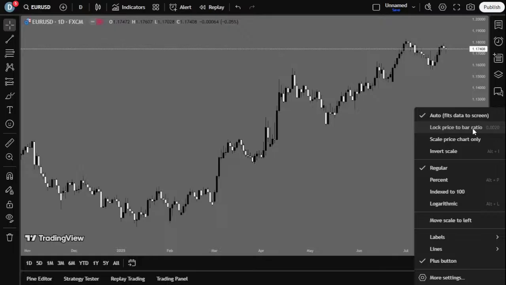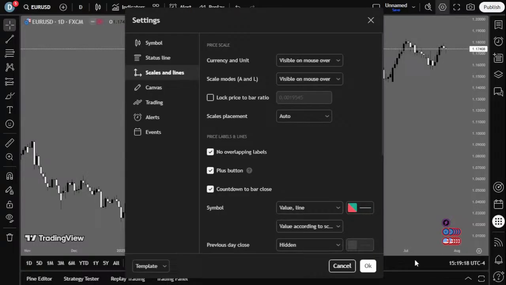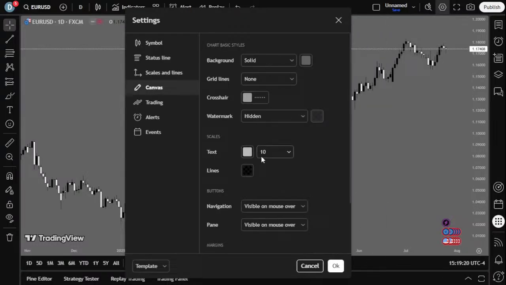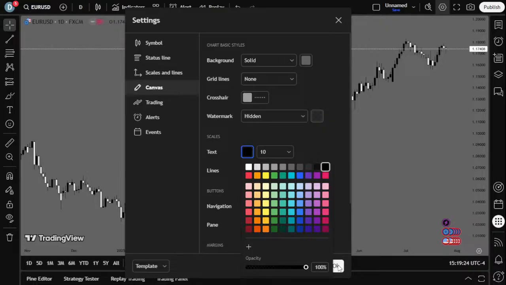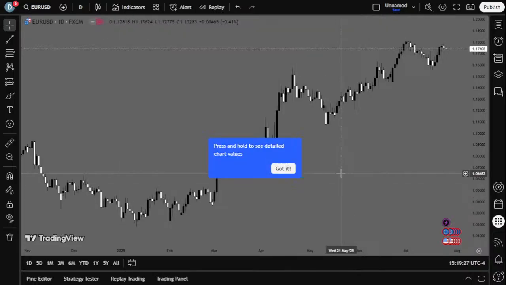Okay, maybe one more thing I would change. This text, black. Okay. Person hold to see detail chart views. Yeah, so this is because it's a new account, so you will be able to change this as much as you want.